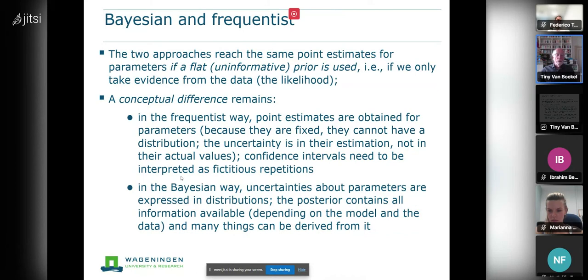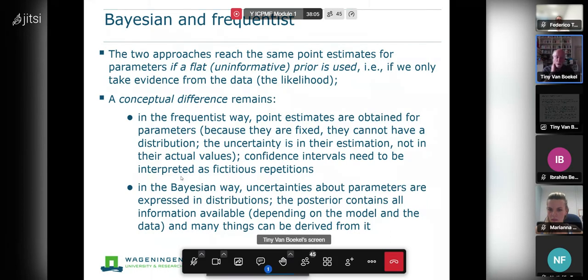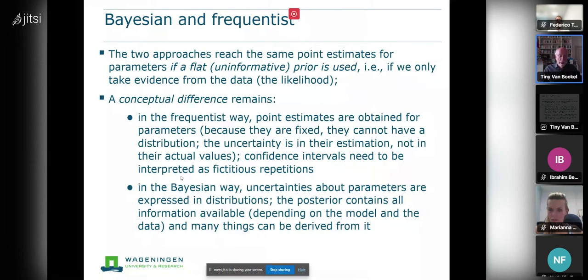And perhaps surprisingly, you could also say that the frequentist way is a sort of special case of the Bayesian approach, because if you use a very flat prior, which means that you have no information about the hypothesis, then you are exactly doing the frequentist approach, because that relies only on the data and not on the prior.